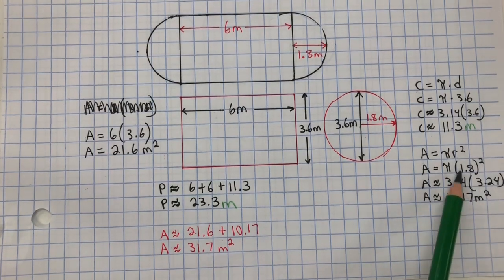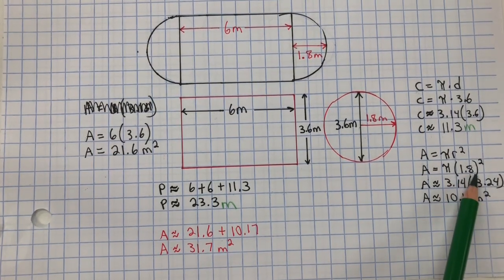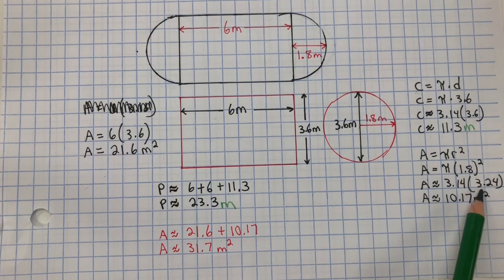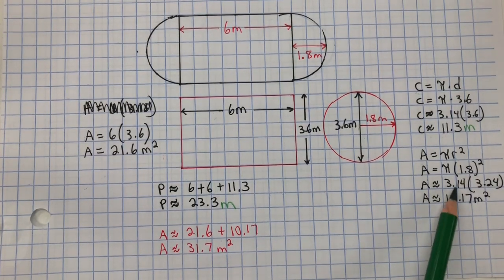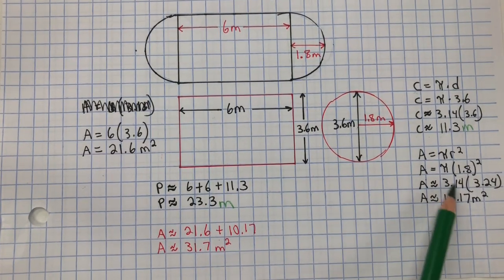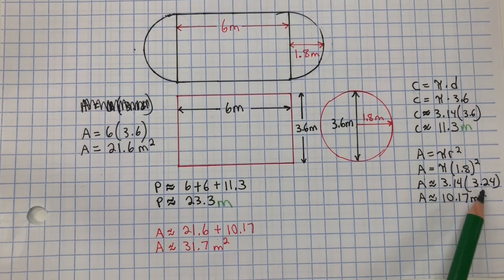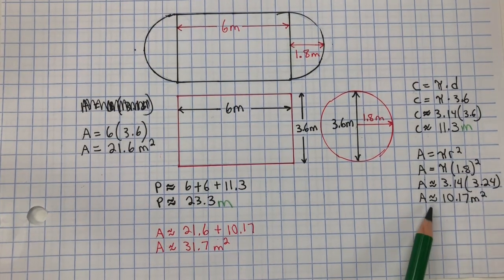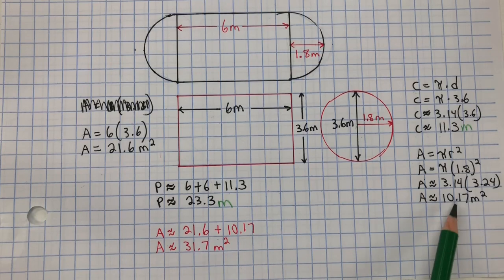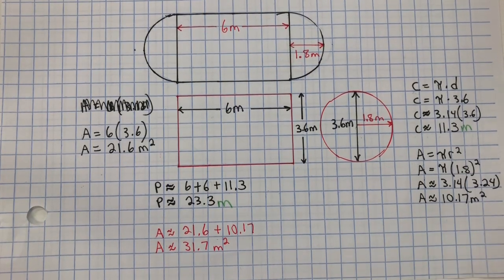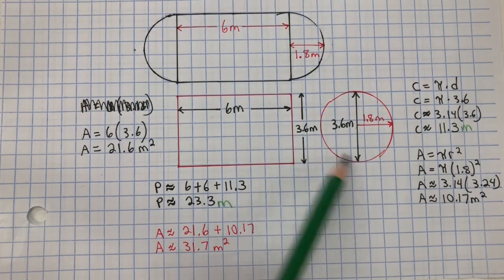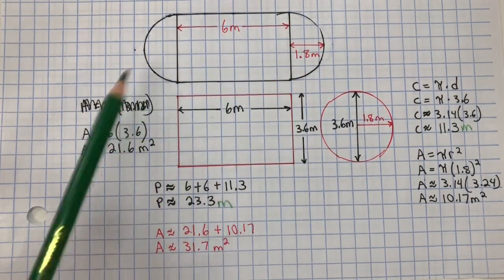I'll repeat that. 1 8/10 squared is 3 24/100. Approximation for pi, 3.14 multiplied by 3 24/100. So the area is approximately 10 17/100 meters squared. So that's the area of the two semicircles.